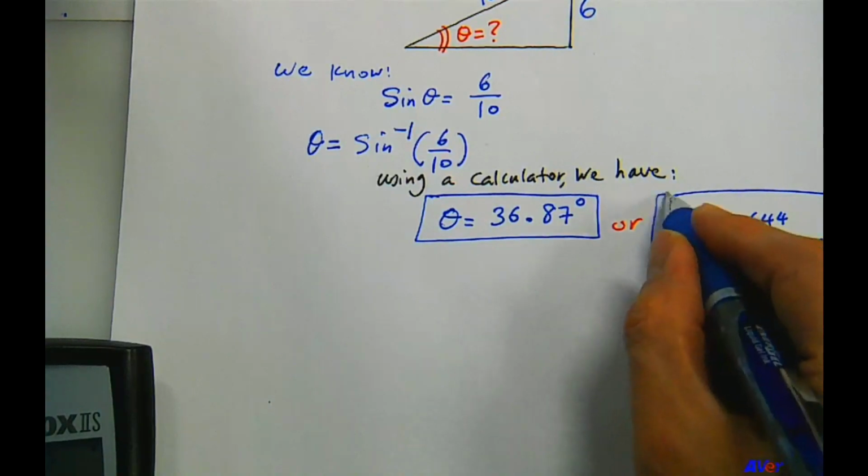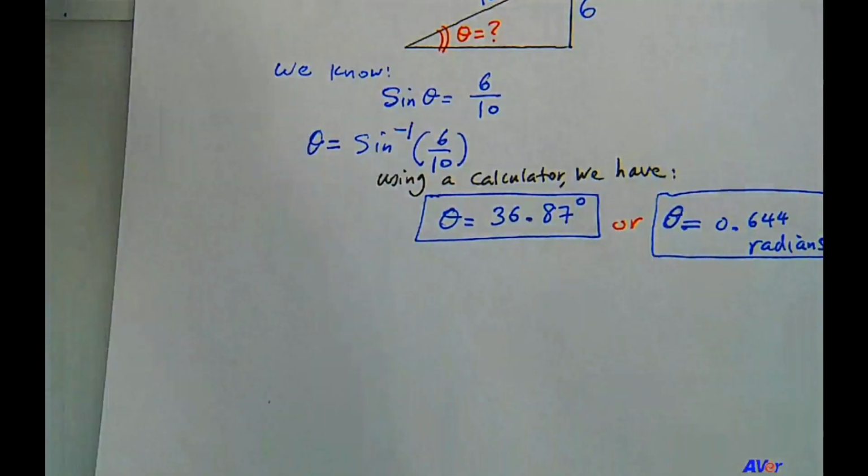I'll do this on the next example, so you see a couple of examples of using your calculator to go between degrees and radians.